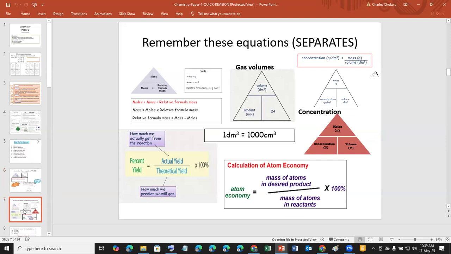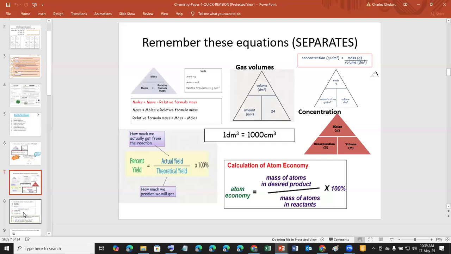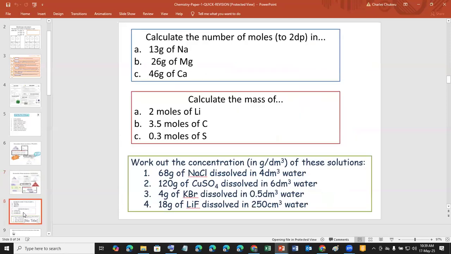Some other equations for you to remember, but we'll come to these much later. So do any of these look familiar?